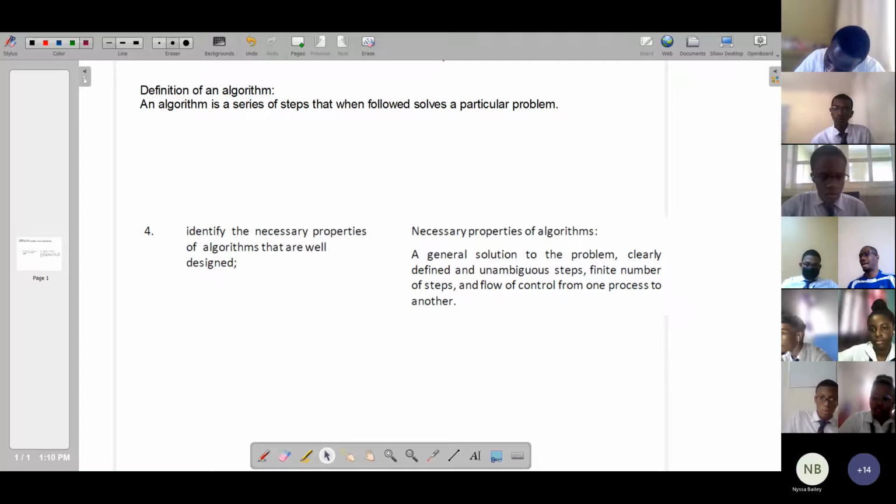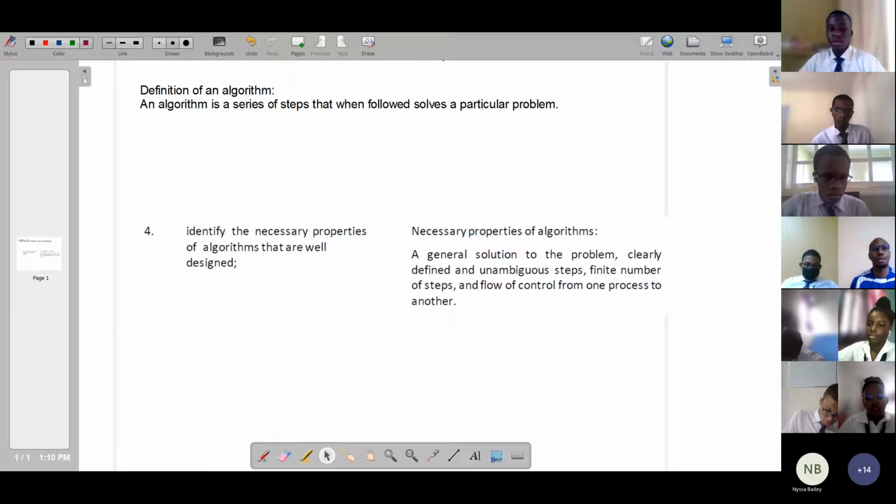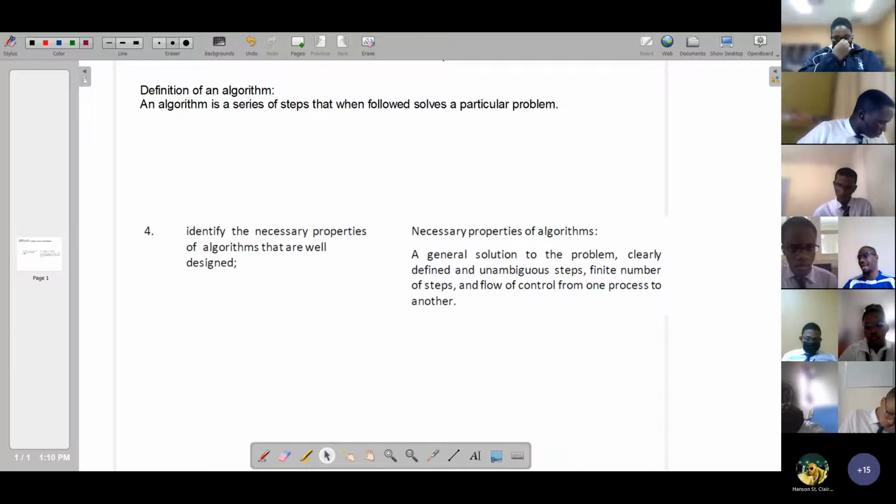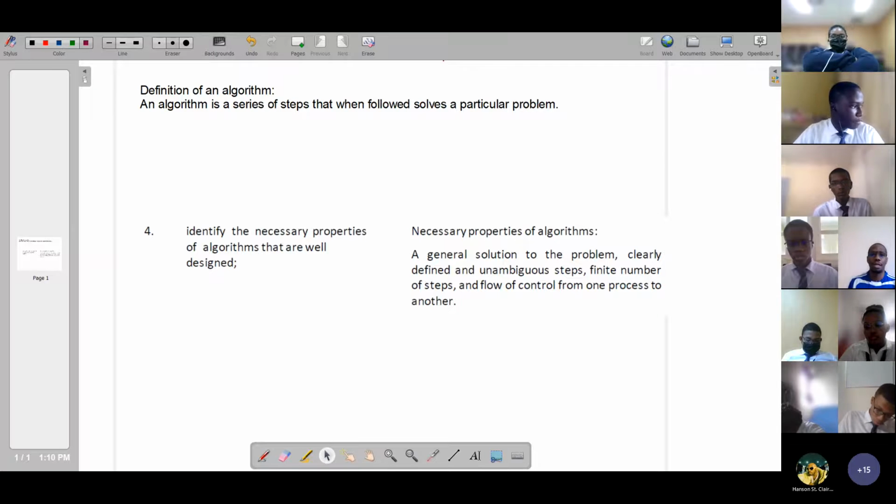As I said last class, we took a look at the problem solving process, and within it, when we come up with the overall big idea for solving the problem and evaluate that big idea, we have to come up with a series of steps that will allow us to solve this particular problem.